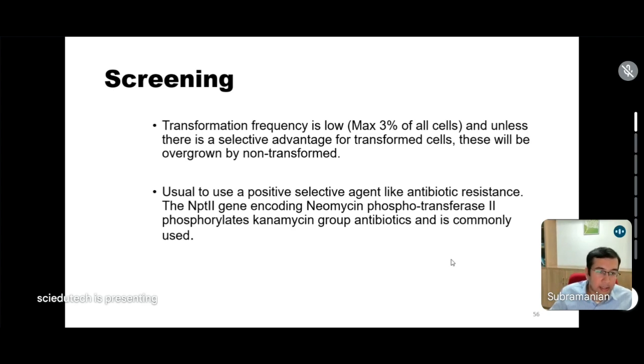So we usually use a positive selection agent like antibiotic resistance. You had seen the NPTII gene on the vector. NPTII codes for neomycin phosphotransferase II, which phosphorylates kanamycin, a group of antibiotics, and it is commonly used for plant selection, just as you use kanamycin in bacterial selection. Next slide.